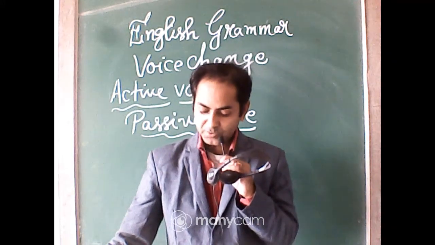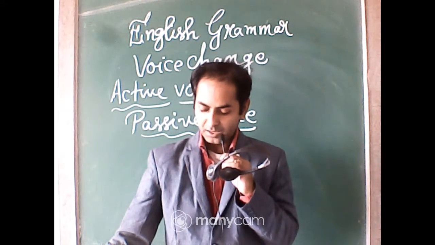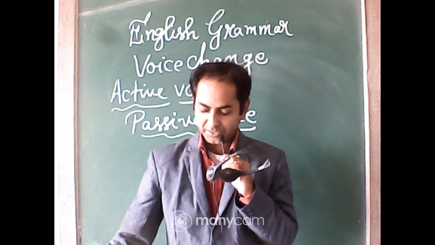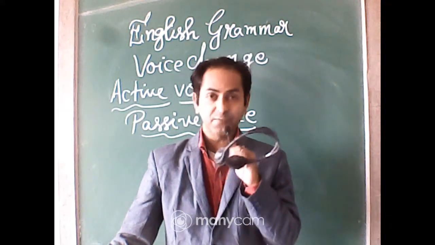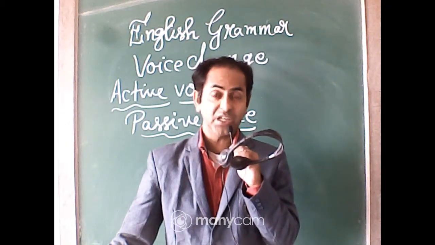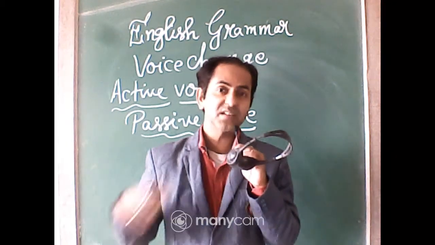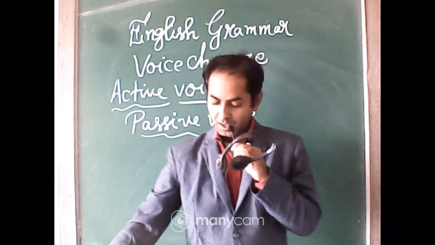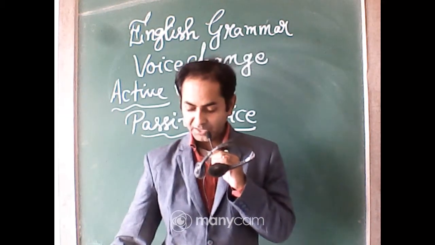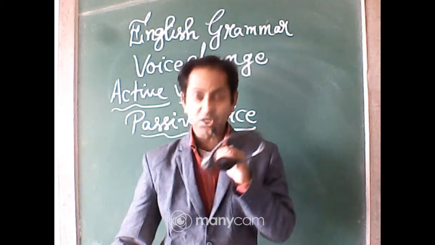Now come to the use of passive voice. The active voice is generally used while conveying an idea or thought, but sometimes the use of passive voice is required. So what is the requirement of passive voice? Passive voice is used if the doer of an action is not known.